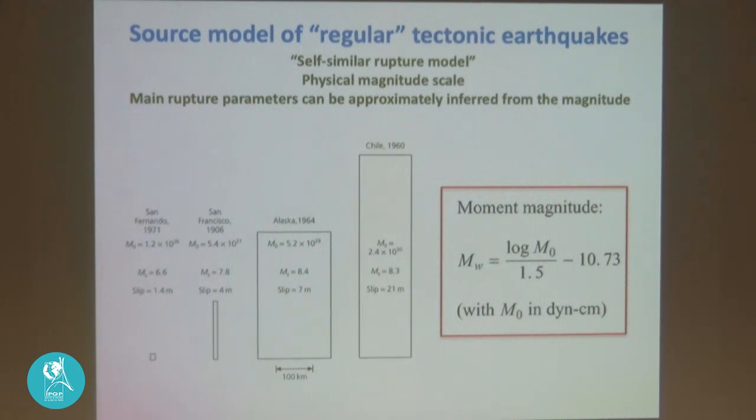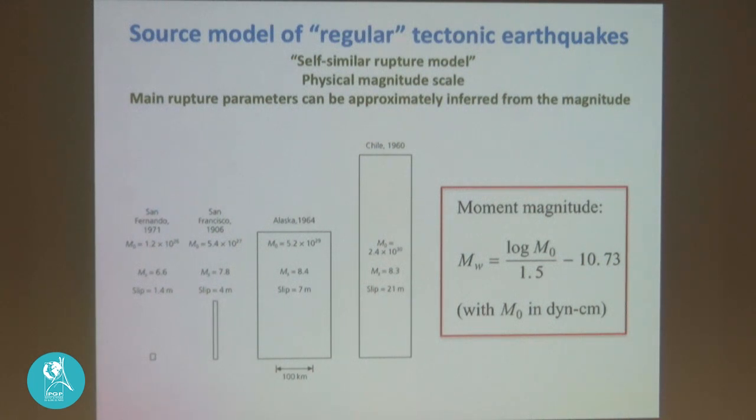And essentially this implies that once we measure a magnitude, which is a rather simple measurement, we can have a good approximation of the size of earthquake, which is shown here. So for a very large earthquake, the size of the rupture is of the order of thousands of kilometers, and the slip is of the order of tens of meters, while for the small earthquakes, the rupture size is very small, and also the slip decreases proportionally.